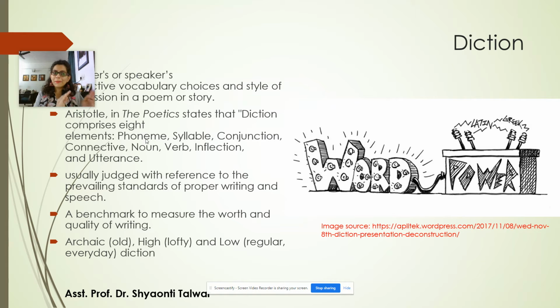So that's decorum, and where you are observing decorum in terms of language, in terms of choice of words, it becomes diction. So in diction, you have archaic diction, which is old usage of the language. Like, for instance, in some poems or some plays, you may have seen the usage of the word thee, thou, thy.